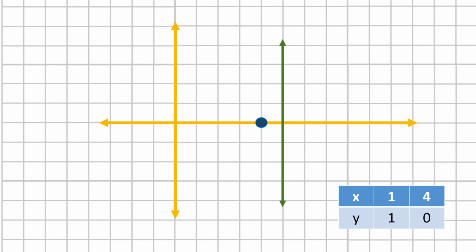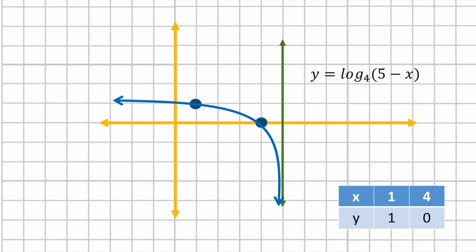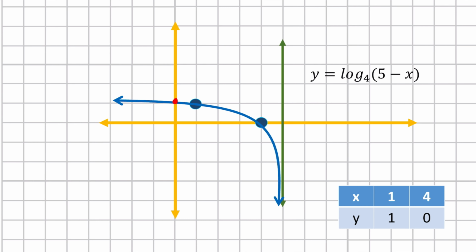Then 1, 1. And let us sketch the graph. And that is now our function y is equal to the logarithm of 5 minus x with the base 4. Please note that the intersection of our graph and the y-axis is our y-intercept, located at 0, logarithm of 5 with the base 4.